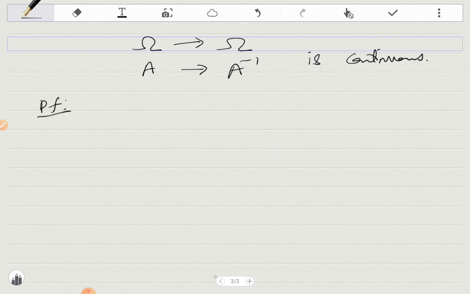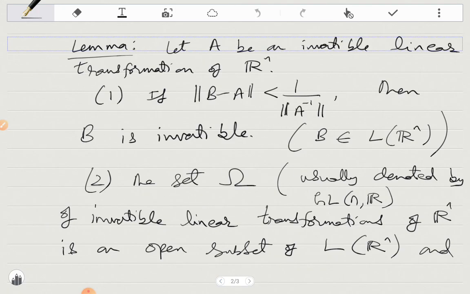Now this is a very basic and useful fact, not difficult to prove, but it occurs in various places. The observation is that in the set of all linear transformations, which is a vector space, the set of invertible linear transformations is an open set. Now there are many ways to see this.